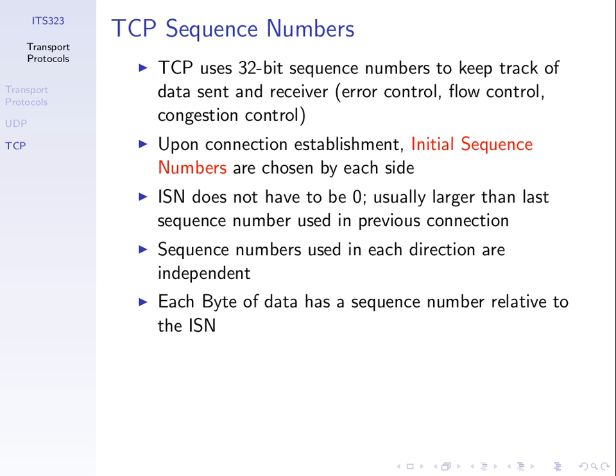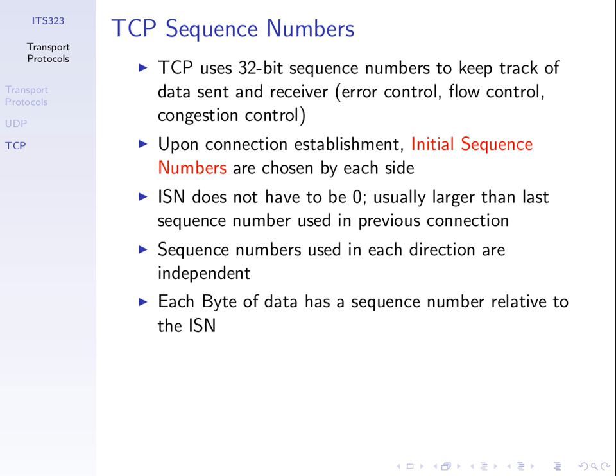So that if there are some old packets or some errored packets that are duplicated somewhere in the internet, if we receive them from the old connection, we can discard them. So TCP allows each side to choose its own initial sequence number, not necessarily 0. One common approach is to choose a number that is greater than what you've used in the previous connection. So the operating system keeps track of what you did in a previous connection, and in the new connection chooses an initial sequence number greater than that previous one.